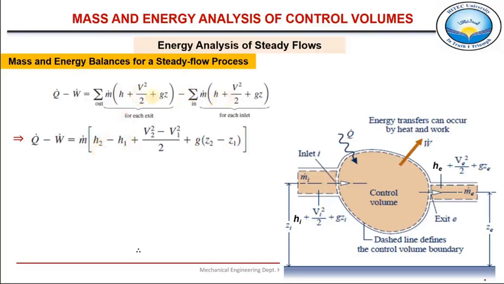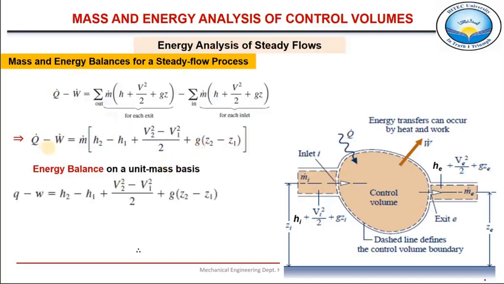Similarly, velocity change from inlet to outlet is given by V2 square minus V i square, or V2 square minus V1 square by 2. Similarly, the change in potential energy, final minus initial, g into z2 minus z1, because g is constant acceleration due to gravity.